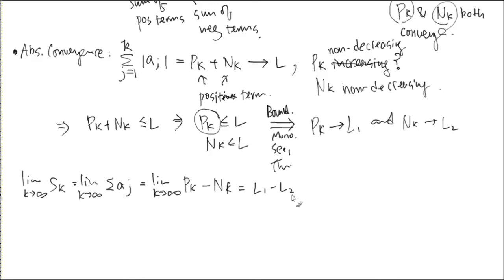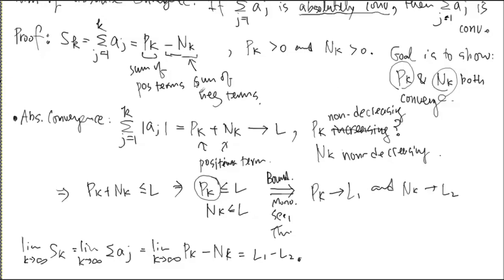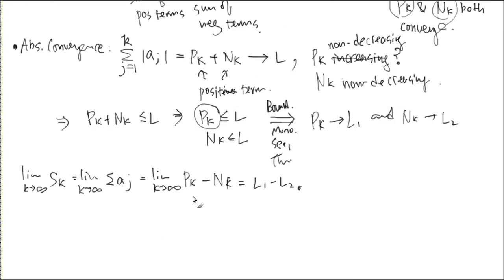So the absolute series converges to L1 plus L2, but without absolute value it converges to L1 minus L2. And it's not easy to figure out what that L1 and L2 is in practice, but theoretically, it converges. So does that prove that if it is absolutely convergent, then the individual decomposition parts converge because of the bounded sequence theorem? That makes the difference, which is the series without absolute value, converge as well. So that's the proof. Make sense?